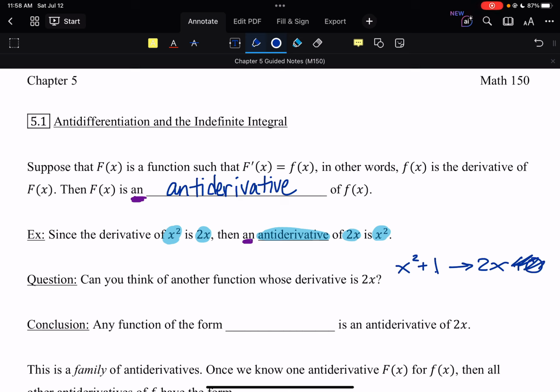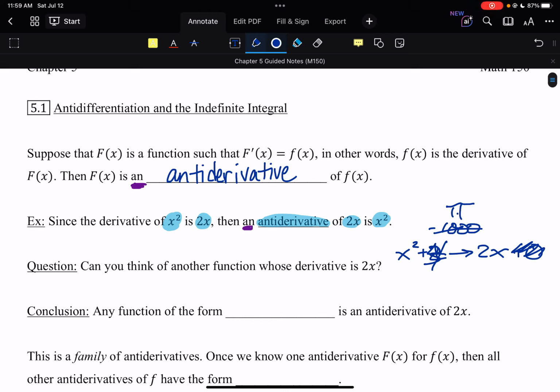But this constant term, it really doesn't matter if it's 1 or 2 or 3 or 4 or negative 1,000 or pi or some crazy constant value. If we have constants being added, their derivatives will all be 0. So when we're looking at antiderivatives, there's a level of uncertainty, because when I take the antiderivative of 2x, I get x squared, but I don't know if there was something else here that then turned into a 0.